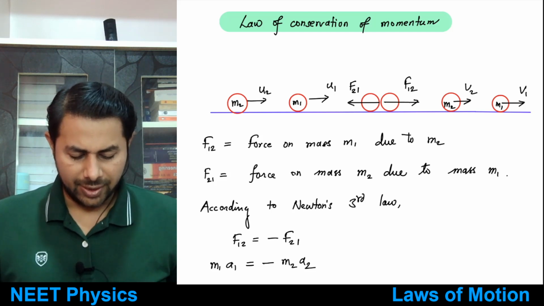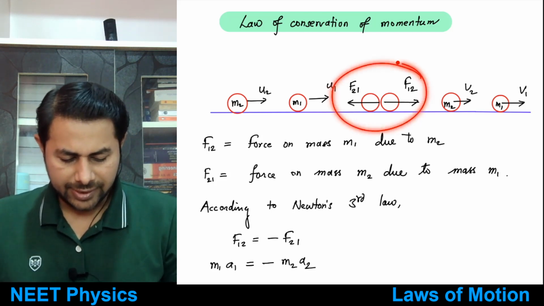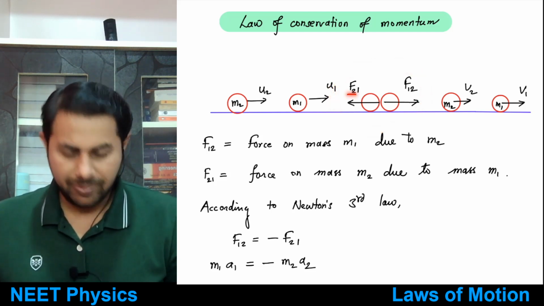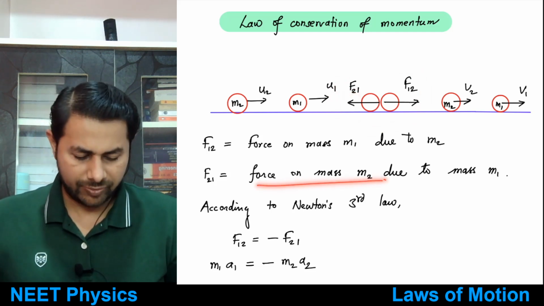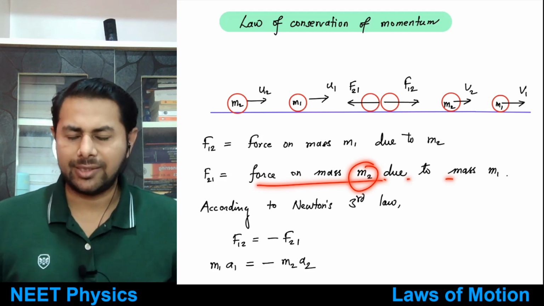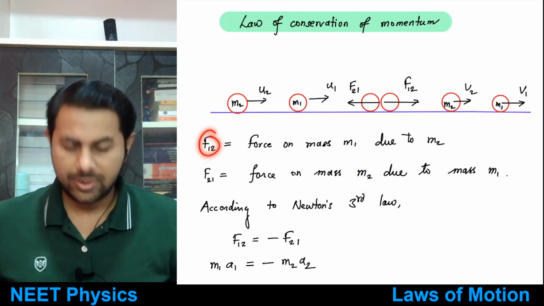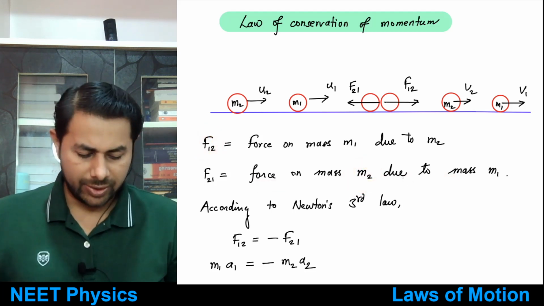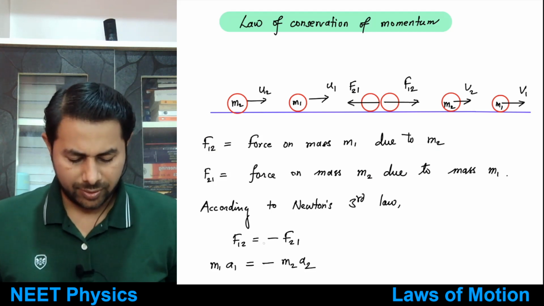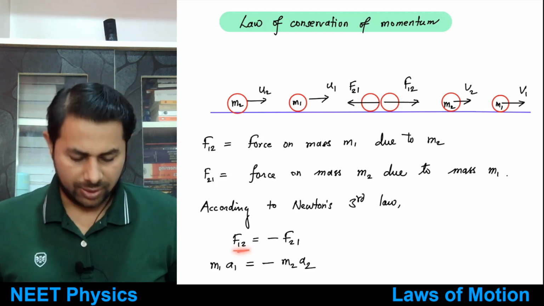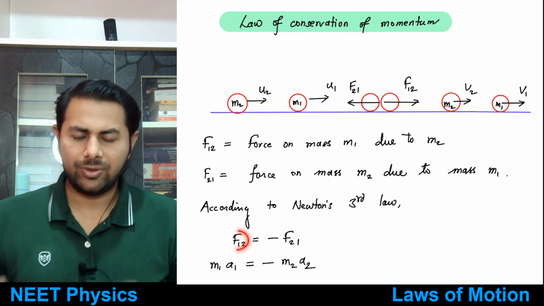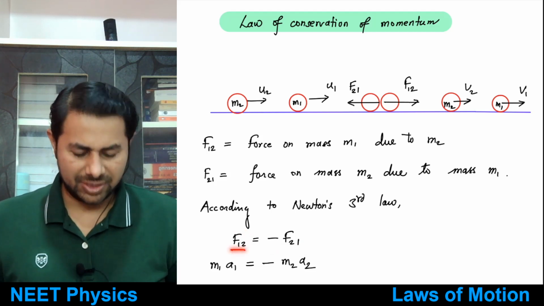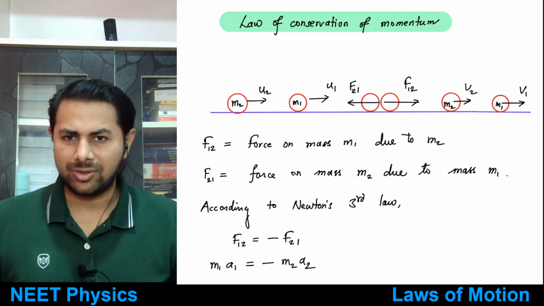All right, now let's start from this point: F21 is the force acting on the second ball, which has mass m2, due to the mass m1, and F12 is the force acting on mass m1 due to mass m2. According to Newton's third law, F12 is equal to minus F21. If the masses are not changing, then force is equal to mass into acceleration.